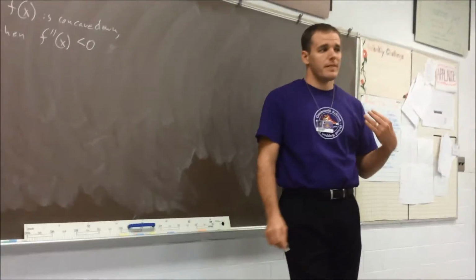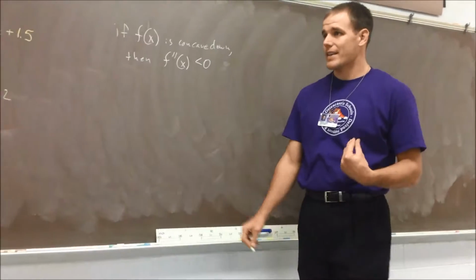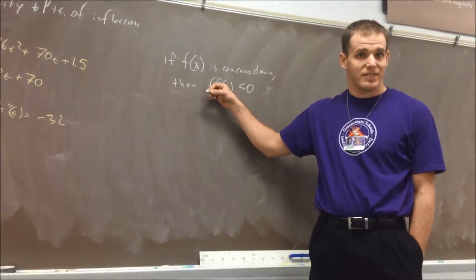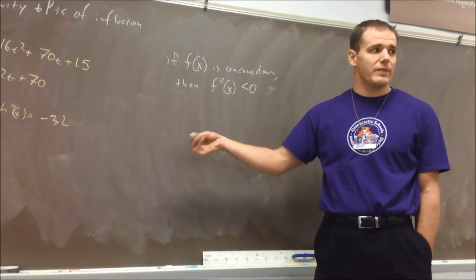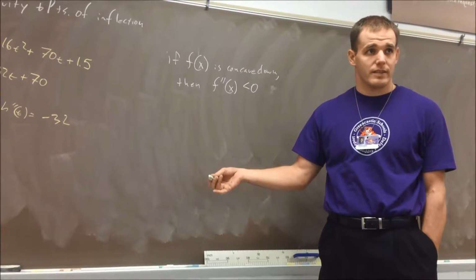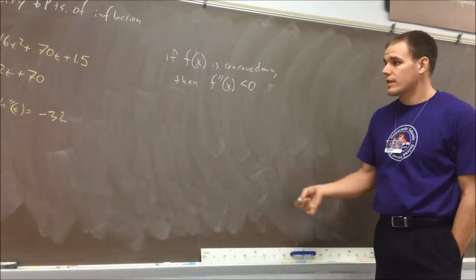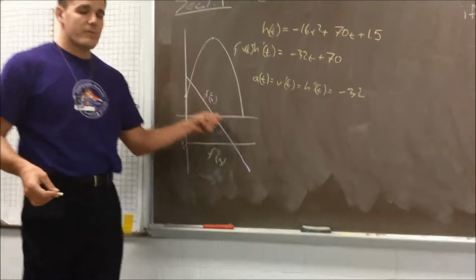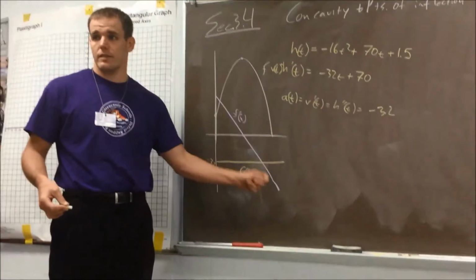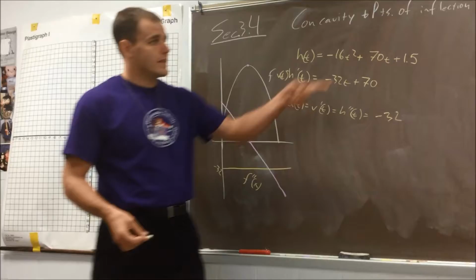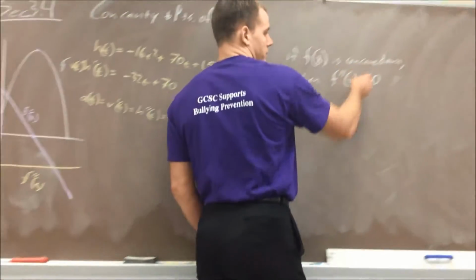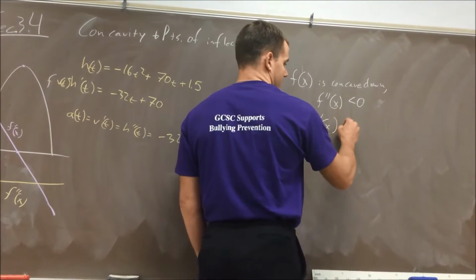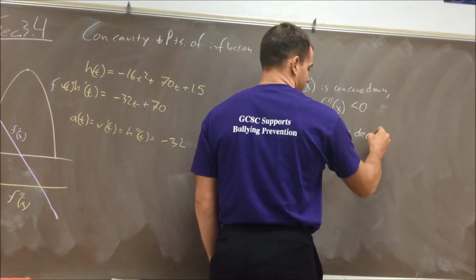Now, we can think of f double prime of x as the slope of f prime of x. It's just the derivative of f prime of x. Okay? You notice here how f prime of x was decreasing, right? So we can think of it as when f double prime of x is less than 0, or when f prime of x is decreasing.